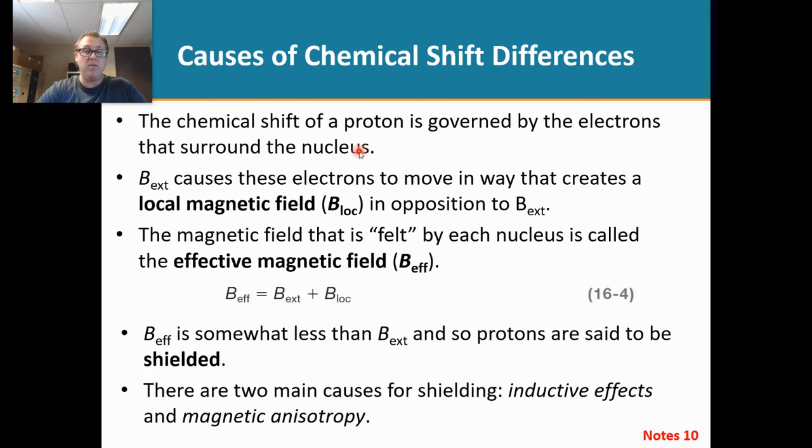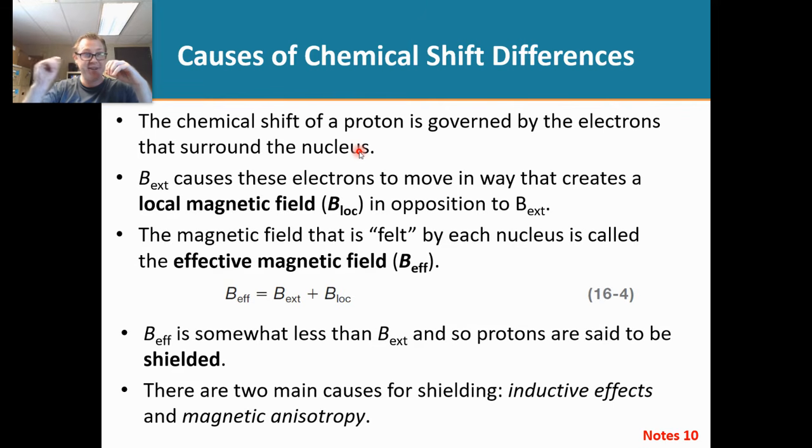Now we're at the beginning, we were just looking at the nucleus and the protons. Recall that if you have a proton or a charged particle rotating really, really fast, it creates a magnetic field. But these hydrogen atoms that consist of a proton also have electrons near them.